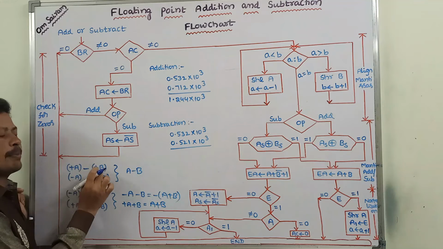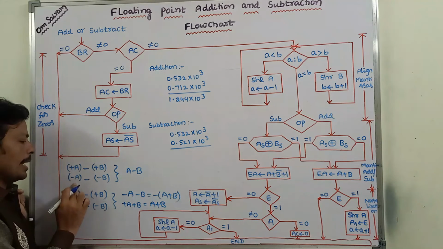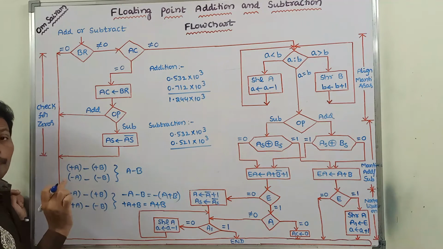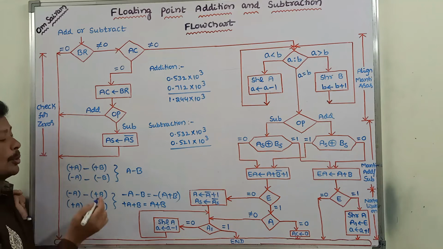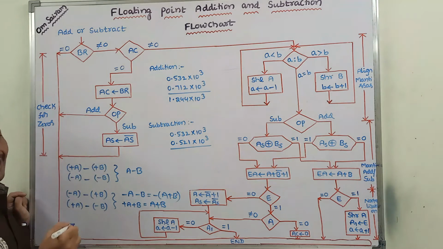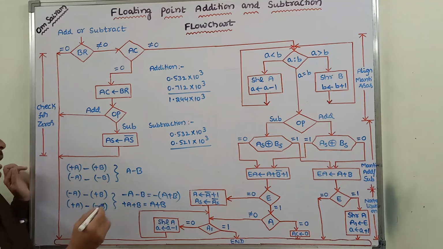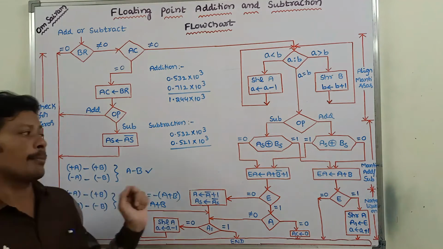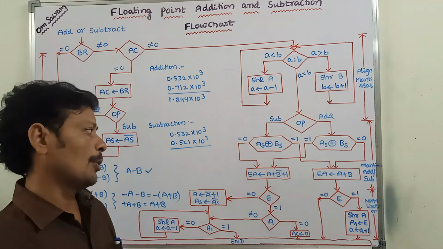Plus A minus plus B is nothing but A minus B. Minus A minus of minus B is nothing but minus A plus B, that is nothing but B minus A. So whenever the sign bits of the mantissas of two floating point numbers are the same, we are performing the subtraction operation. At that time, the output of the exclusive OR gate is 0.